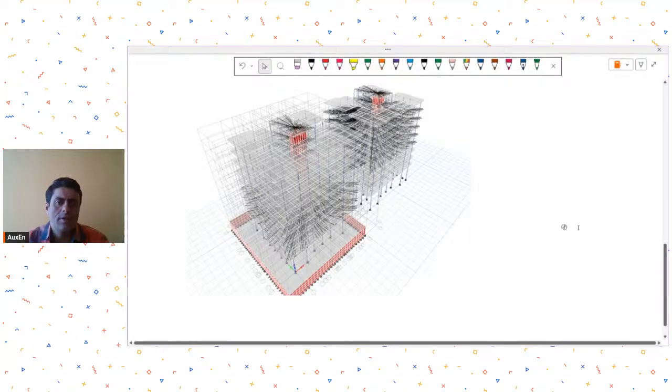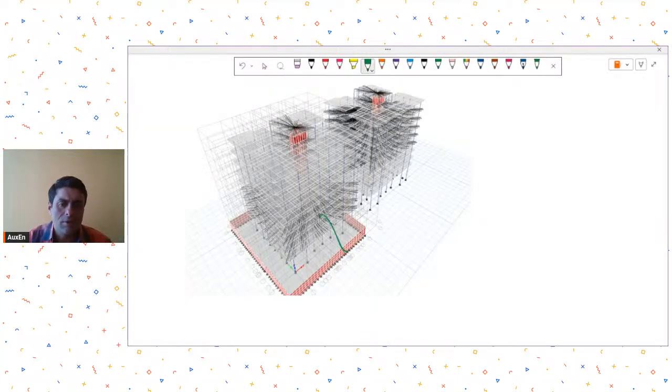Okay, just for discussion purposes, I have brought this ETABS screenshot. On the left side building tower, we have assigned the D1 modifier, and on the right side tower, we have assigned the D2 modifier.